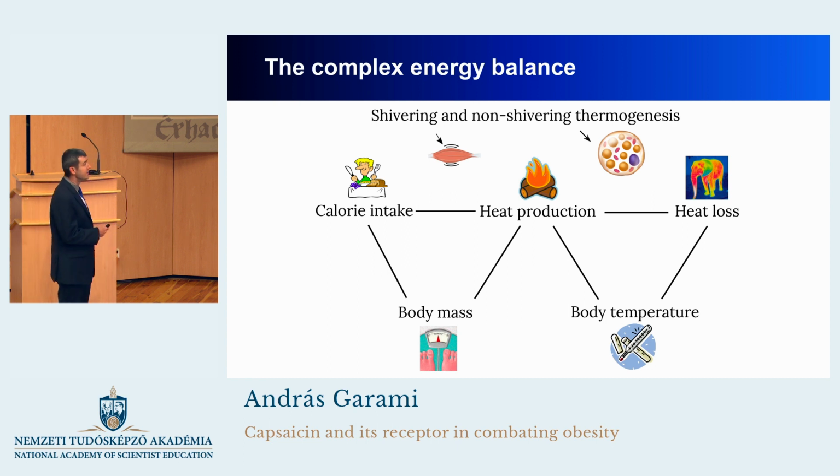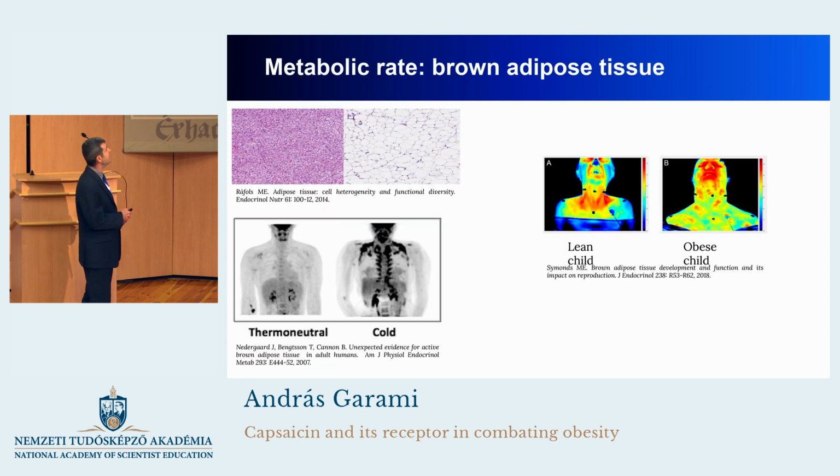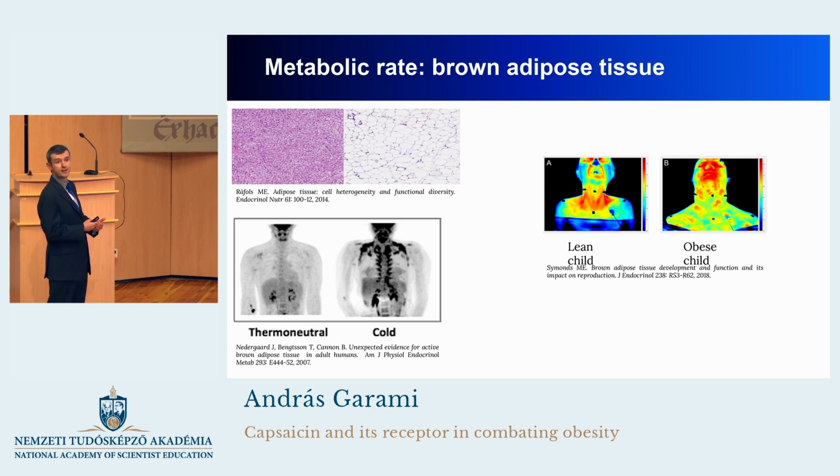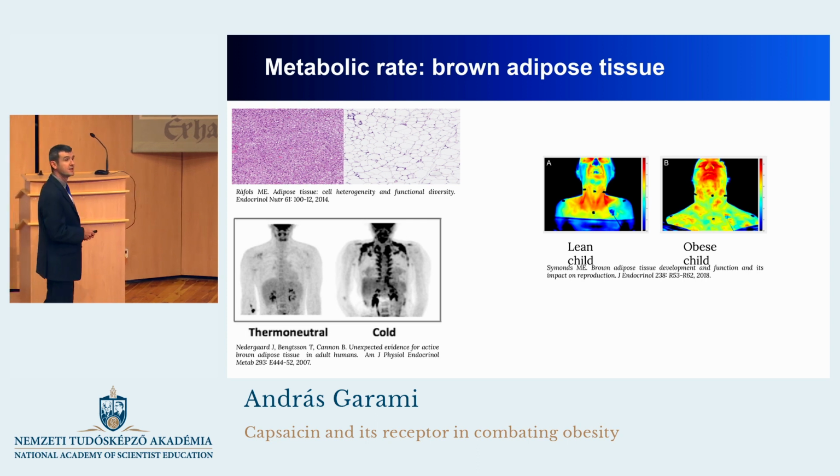tissue. This latter tissue type was also shown in one of the slides of Csaba in the previous talks, and it is an important organ because it is dedicated to produce heat and consume the energy stores from the body, whereas the other adipose tissue type, white adipose tissue, is the one that stores the energy, and if it accumulates, then obesity develops.